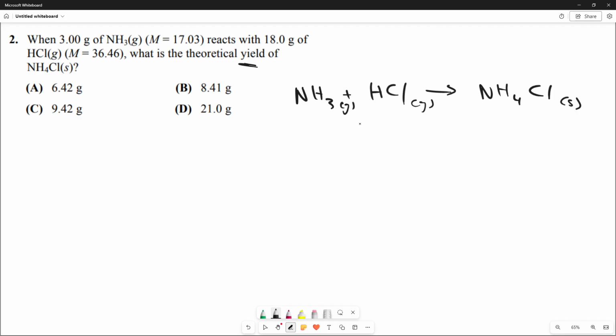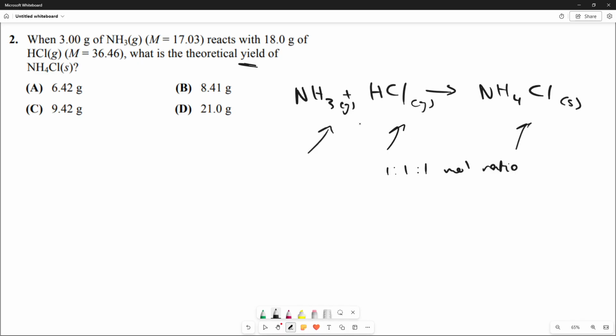So is this balanced? Yeah, it's actually already balanced, so we don't even need to worry about that. So when we look at this, there's a 1-to-1-to-1 ratio. And because of that, we know that however many moles we have of one reactant, the product will have the same amount of moles.